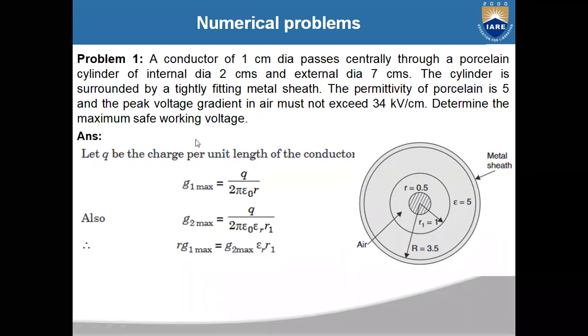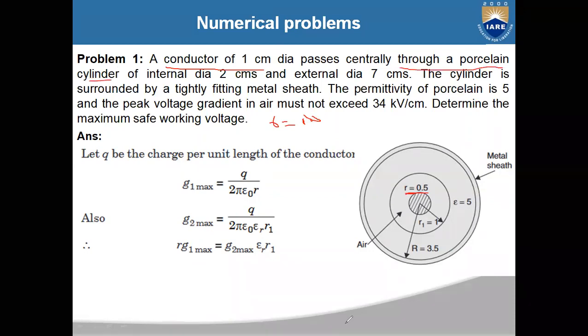Here, what are the parameters given? A conductor is 1 centimeter diameter, which means the radius will be 0.5 centimeter, and it is passing centrally through a porcelain cylinder.